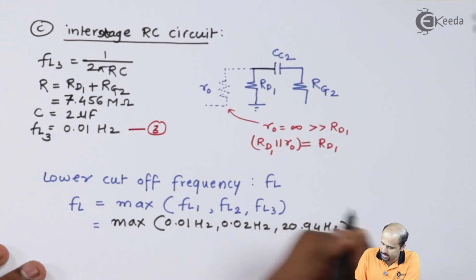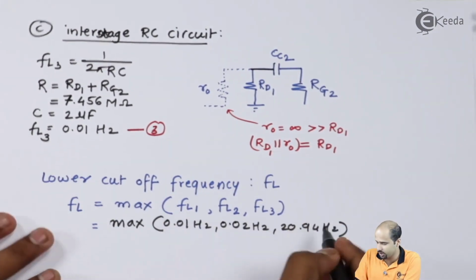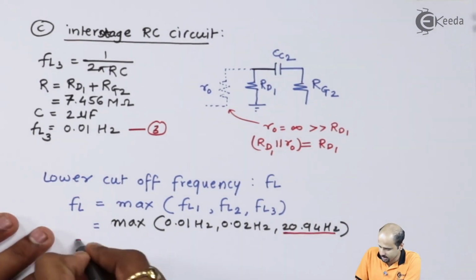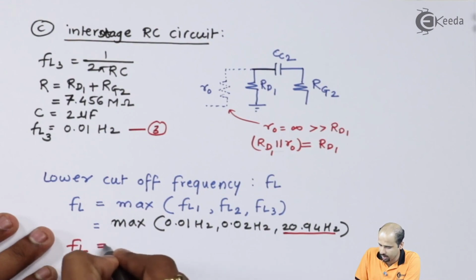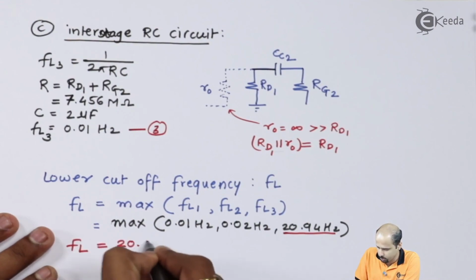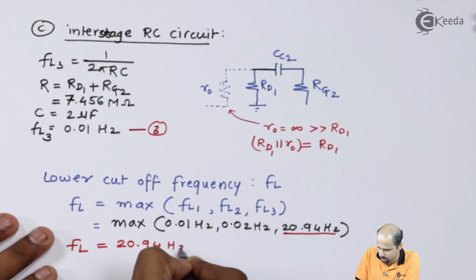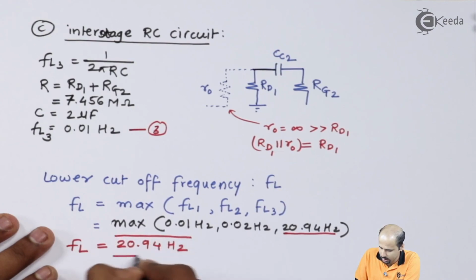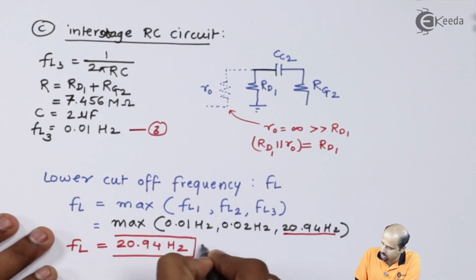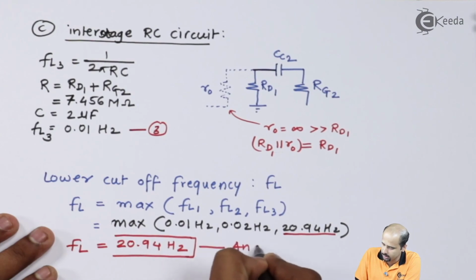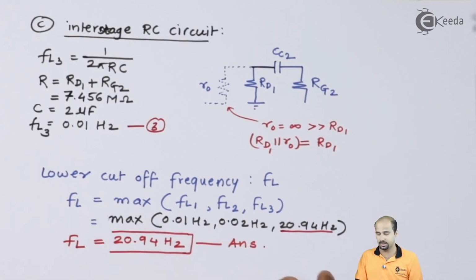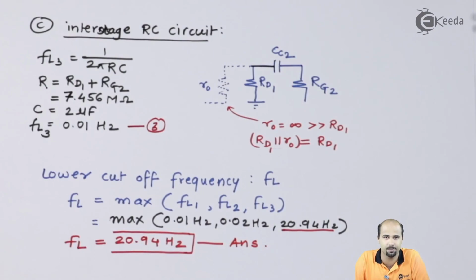As I said, the maximum value is this, so I can say the final value FL is equal to 20.94 Hertz, your lower cutoff frequency. So this is your another answer where the numerical is expecting in the question. As far as the question is concerned, we fulfilled all the findings for the numerical which is given.